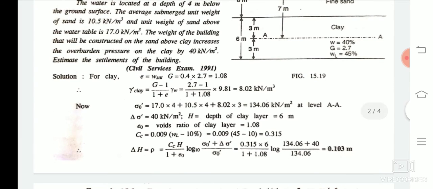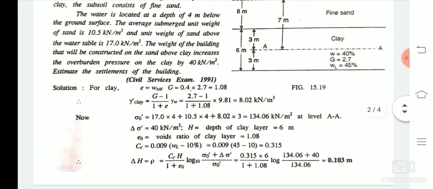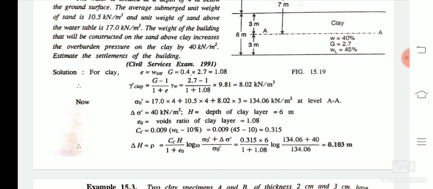Again, we need to find out the unit weight, the submerged unit weight of the clay soil, because for sand it is provided, but we have not got the value of the unit weight for clay. As the clay layer is under the water table, we must consider that it is in a submerged condition, and as per soil mechanics 1, we have already learned that the submerged unit weight of the soil, gamma sub, is given as (G minus 1) into gamma w divided by (1 plus e).